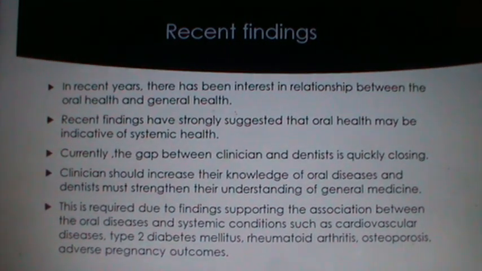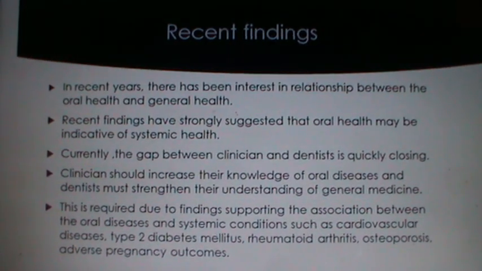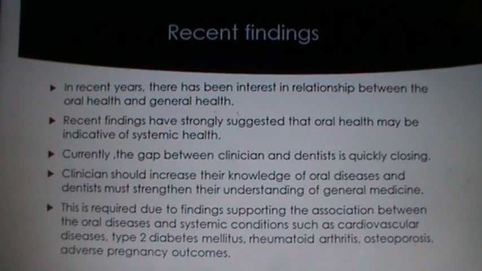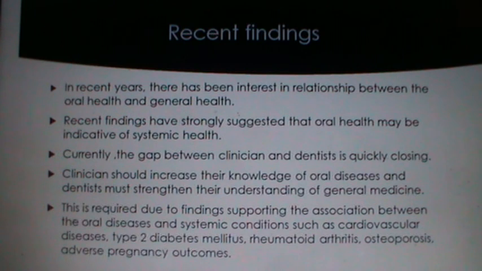In recent years, there has been interest in the relationship between oral health and general health, and recent findings have strongly suggested that oral health may be indicative of systemic health. Clinicians should increase their knowledge of oral diseases, and dentists must strengthen their understanding of general medicine.